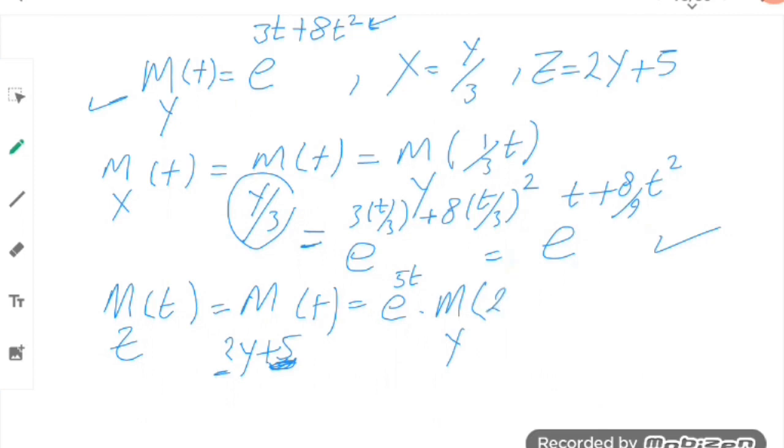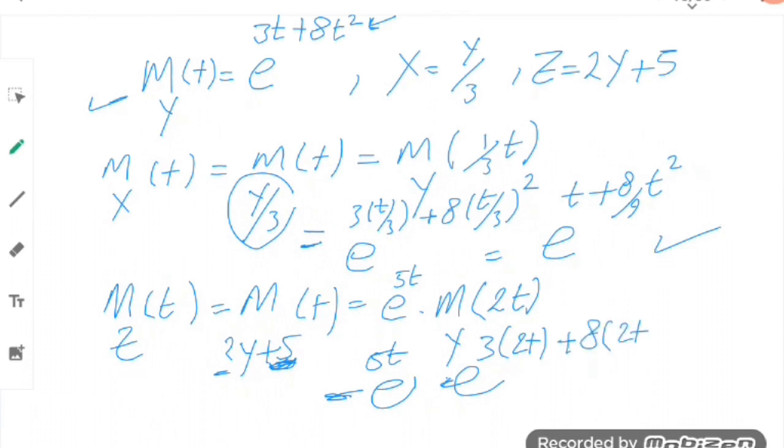Then this will be e to the power 5t times e to the power. Each t here in the moment of Y will be 2t. So 3 multiplied by 2t plus 8 multiplied by (2t) squared. So at the end, let's move this value above here.